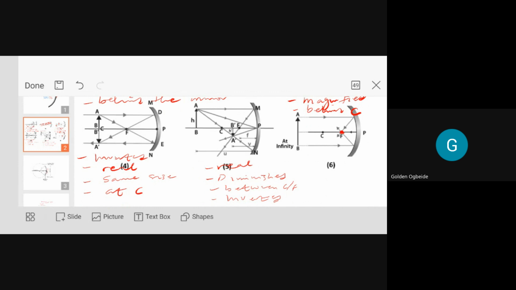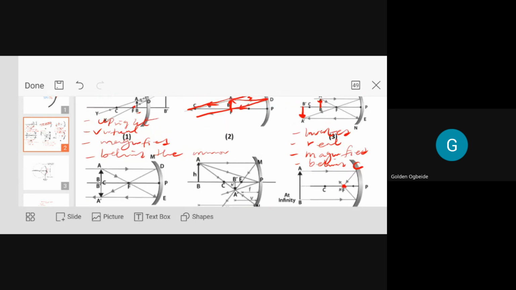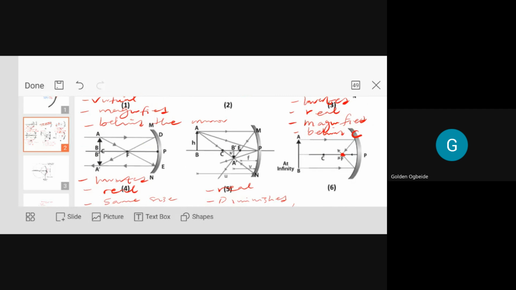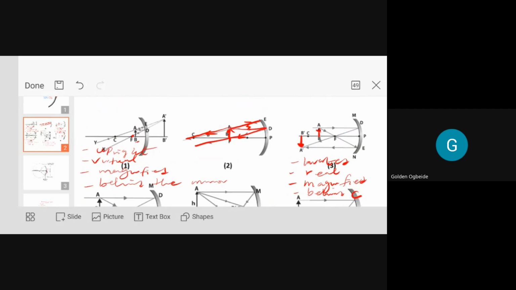So these are the characteristics and properties of images formed in a concave mirror based on their location. Their various locations tell us what will be the nature and the size of the image that will be formed. Now, if you observe everything we've talked about, you will notice that it is only in one case that we have a virtual image.